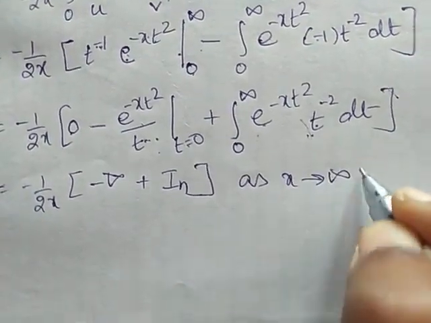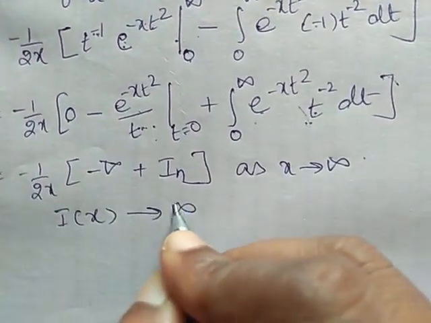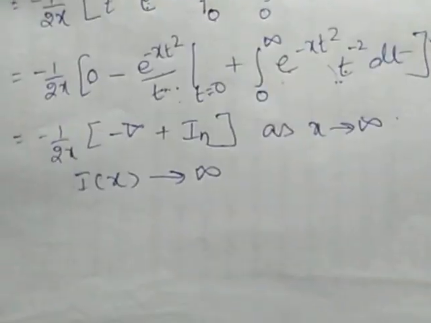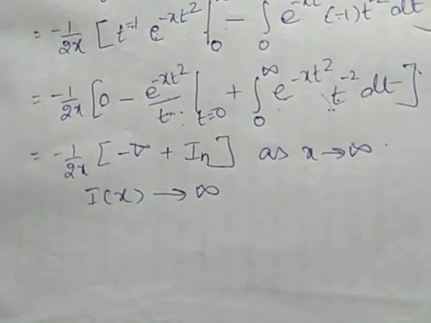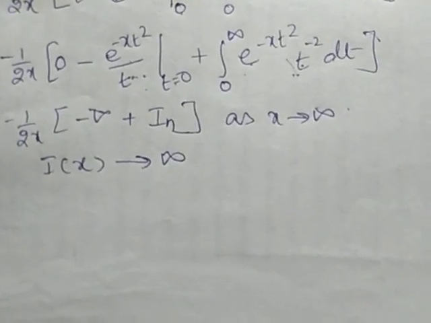Whenever x tends to infinity, I of x also tends to infinity. So in this case, using the integration by parts method, we are not getting an asymptotic expansion. Integration by parts fails to provide an asymptotic expansion for the Stieltjes integral.